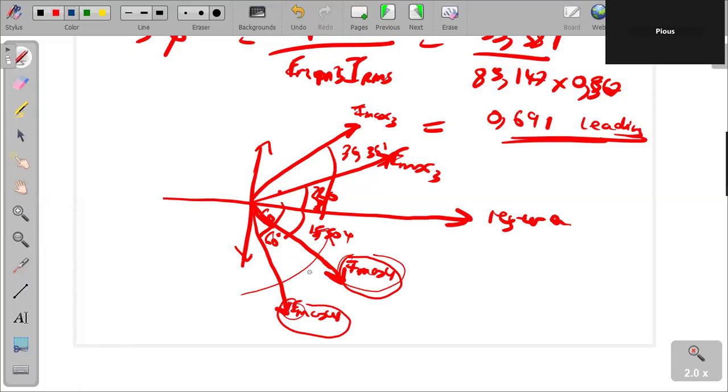When current is leading the voltage, we say it's leading. This shows us that voltage Mx1 is lagging, while current Imx1 is leading. That's how we came up with the leading phase angle. That's how we knew it. So basically, this is what is happening.